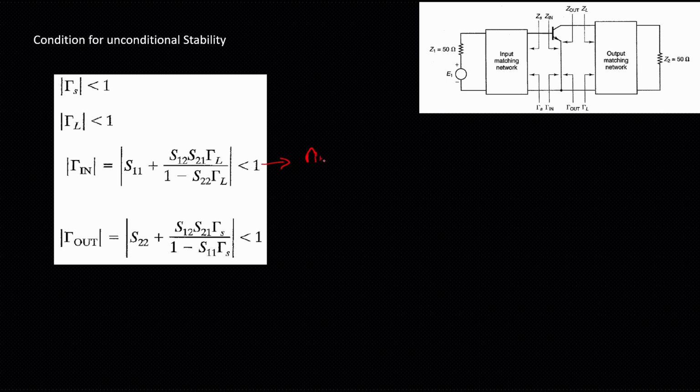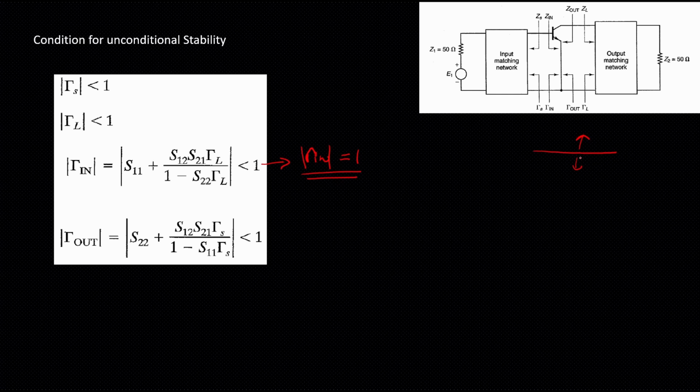Your gamma in magnitude equal to 1 is the boundary. If this line is my gamma in equal to 1, then on one side I have the stable region, where my gamma in magnitude is less than 1, and on the other side I'll have an unstable region. So now we'll try to get that boundary.